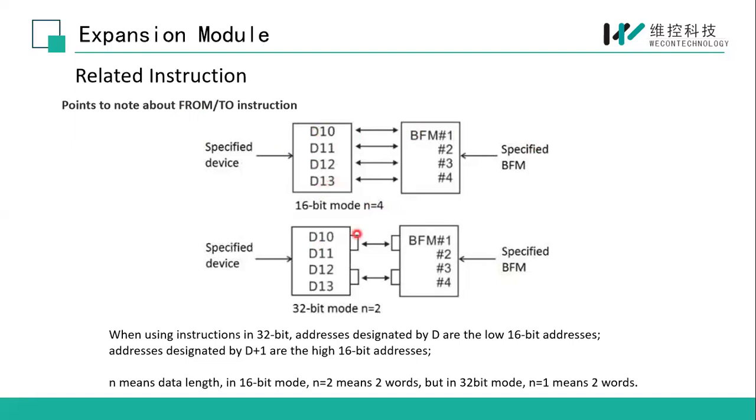But if I use DFROM and I set the last parameter N as 2, it also means moving BFM 1 to 4 to D10 to D13. So it is the same if you use different instructions, with D or without D.